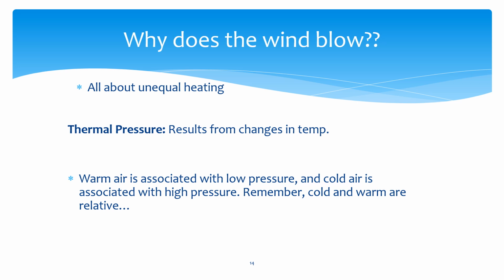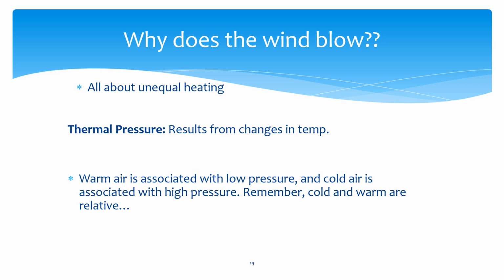We have thermal pressure. This is directly the movement of the wind. What gets it moving and decides where it's going to go is directly from heating. Those changes in the movement of wind, its change in its position, is in response to changes in temperature. Warm air is associated with low pressure, cold air is associated with high pressure. And remember that these two, cold and warm, are relative.